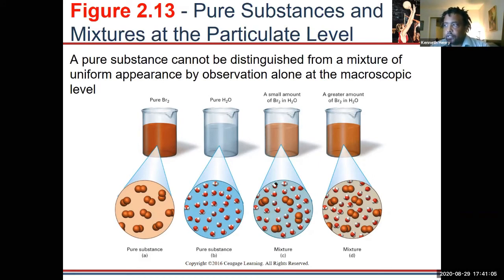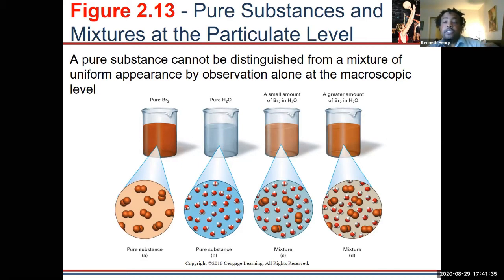Water molecules, the Mickey Mouse ears, right? Oxygen has a red color, the hydrogens are white, so the two hydrogens, the one oxygen. And the bromine here, bromine is a diatomic molecule. We'll talk about diatomics in a second. But bromine is right here, much bigger than the water molecule, and there's only a few of them in this mixture.